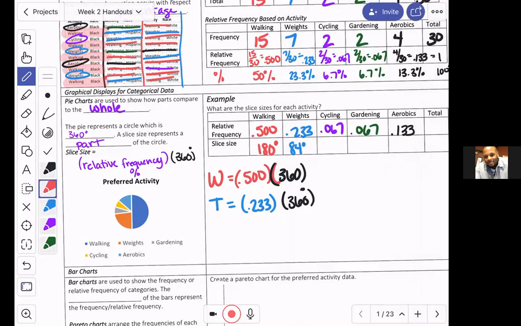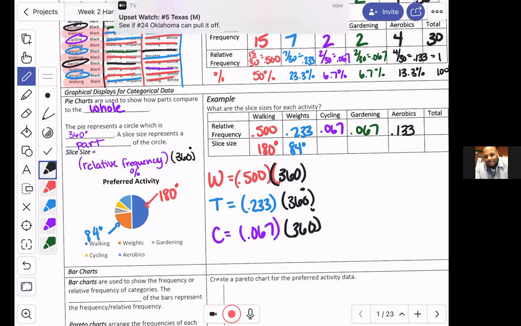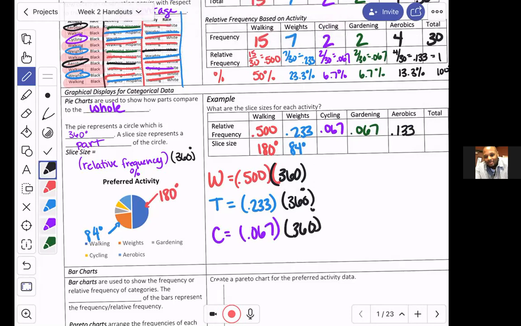If I want to, I can write them over here, because this is what I'm actually drawing them for. So this one was 180. This one is 84 degrees. Cycling is 0.067 times 360. Anybody got that one already? 24. Thank you so much. This is 24 degrees.